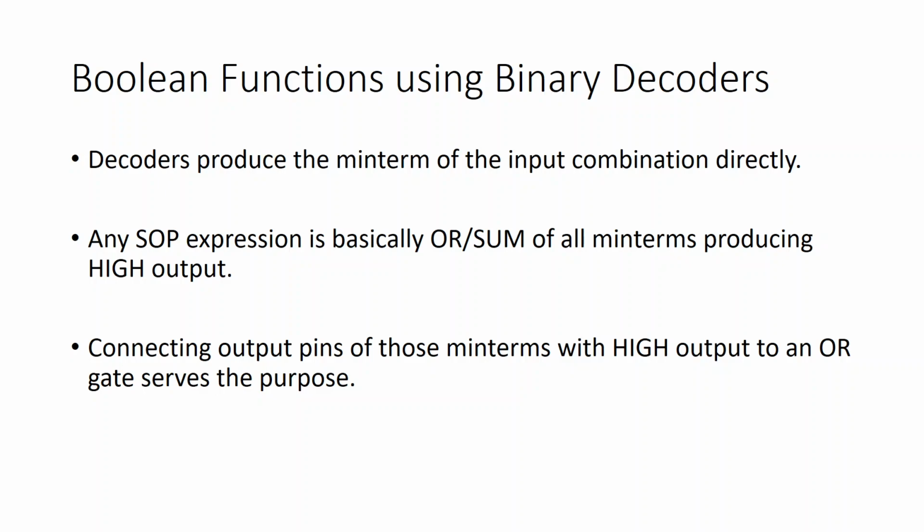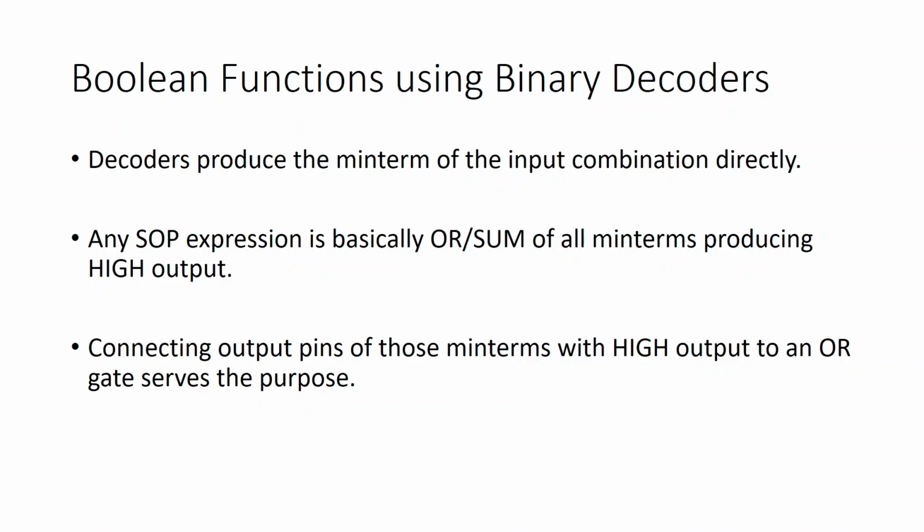So what you can do, if you know all the min terms, and you will most definitely know them because you know the truth table. You know the min terms which are going to produce a high output.